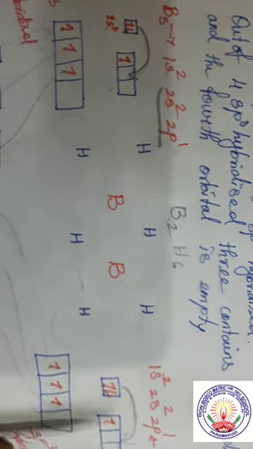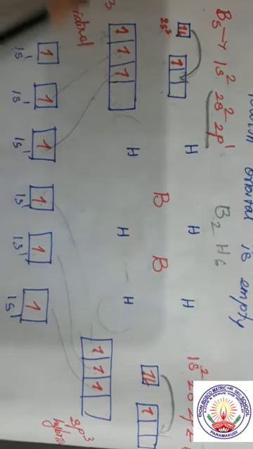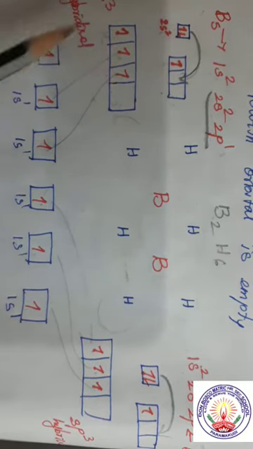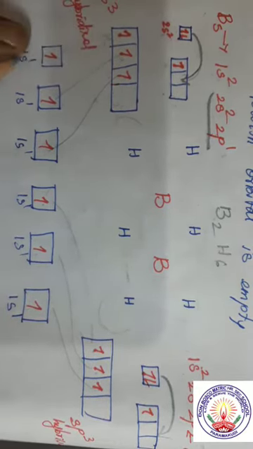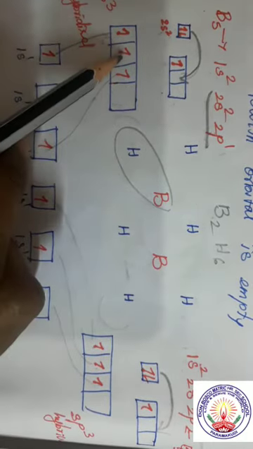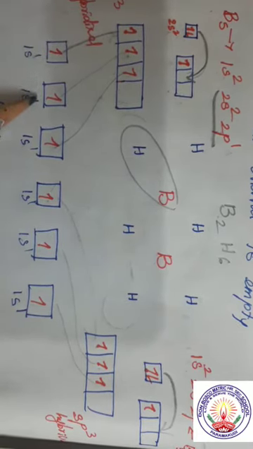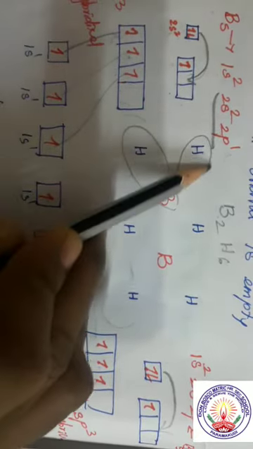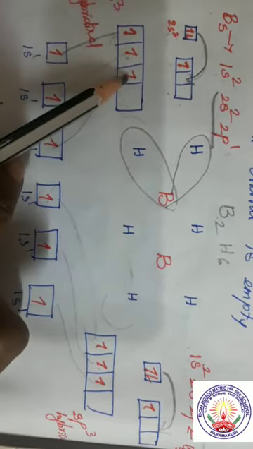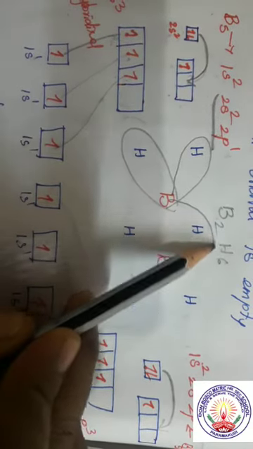Now we shall see, from boron 1 electron and from hydrogen 1 electron form this bond. From this boron 1 electron and this hydrogen 1 electron form this bond. From this boron 1 electron and this hydrogen 1 electron form this bond.